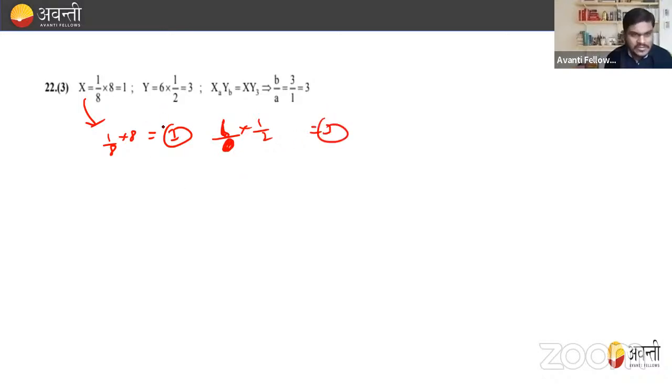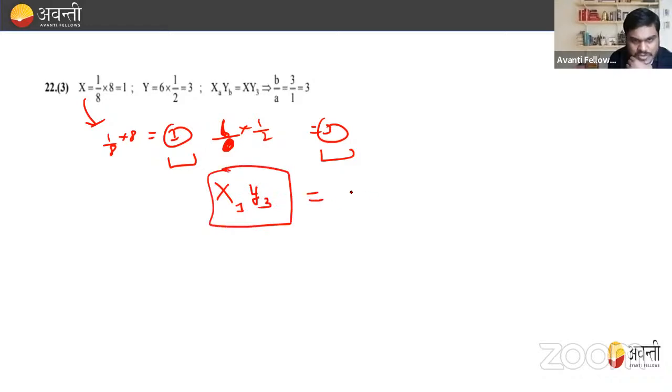So the number of atoms of X at the corner is equal to 1 and the number of atoms of Y at the face is equal to 3. Right. So what is the combination here, beta? The formula becomes X1 Y3. So this is the empirical formula. So what is the ratio B by A, beta? This comes out to be 3 by 1, which is equal to 3. Right.